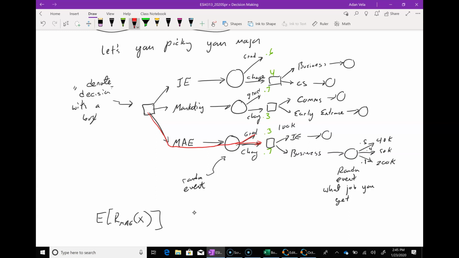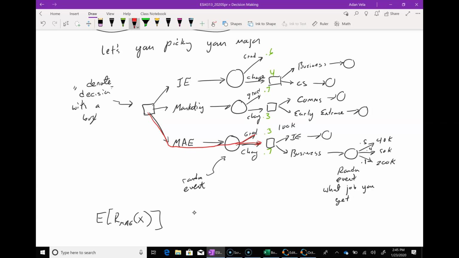Yeah, there's a random event here, but in this second stage, I have the option to make a decision again. And so I can't calculate what is the expected reward of selecting MAE at the beginning because at the second stage, I can make a decision about IE, or I can make a decision about business.